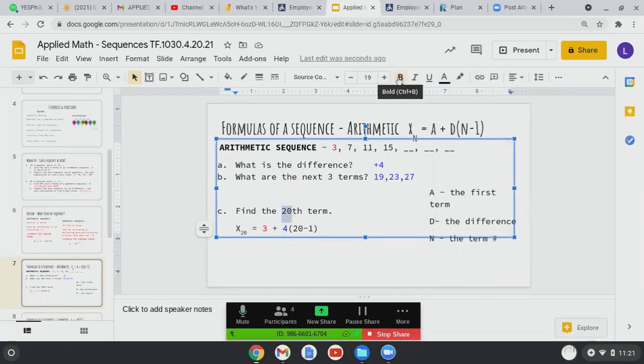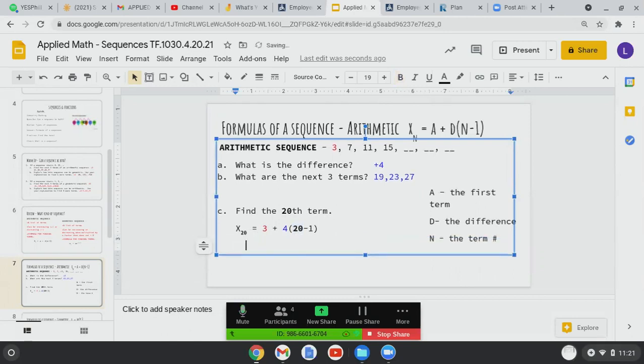We're just going to bold that up. So we are looking for the 20th term. Now it's just a math problem, ladies and gents. And again, try to line up those equal signs so that you watch the problem unfold.